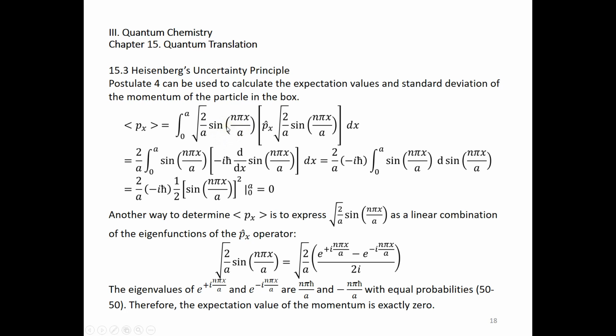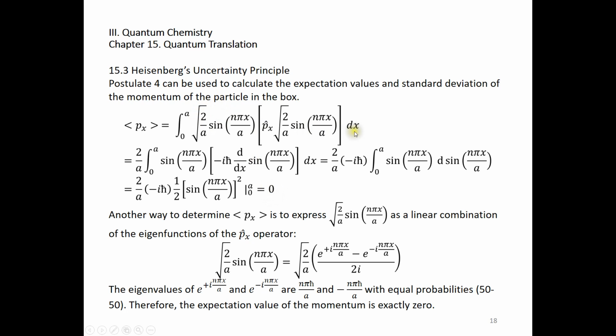So either way, the sine function can be expressed as a linear combination of two exponential functions. One is e to the power of ikx with a momentum of k h bar. The other exponential function is e to the power of negative ikx with a negative momentum, which is negative k h bar. So this particle may have a momentum of k h bar or negative k h bar with 50-50 chance. Therefore, we know its average momentum should be 0.